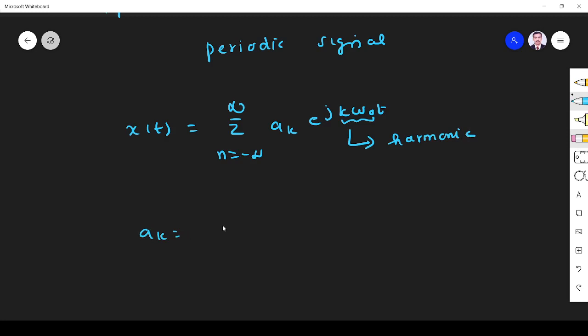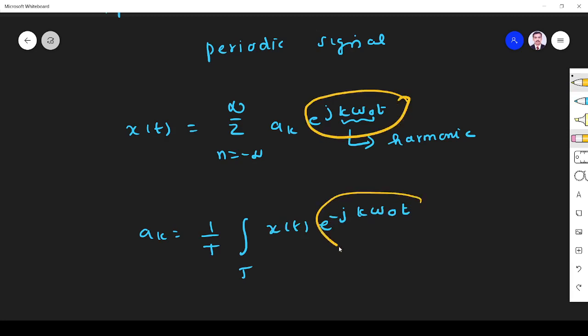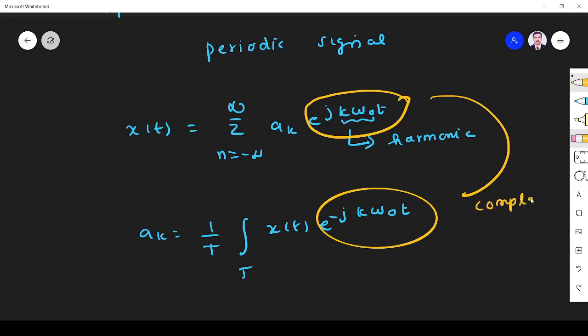From this, a k is given by 1 by T integral x of t e power minus j k omega naught t dt, right? You see e power j here and here: complex exponential. What Fourier is telling is that any periodic signal can be expressed as an infinite sum of harmonically related complex exponentials.